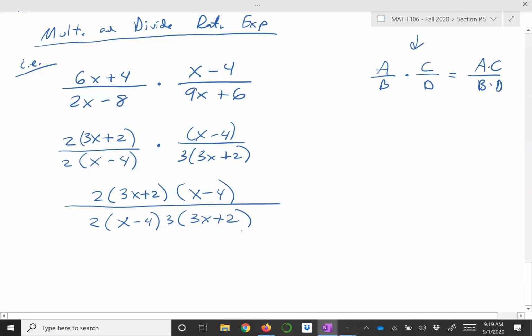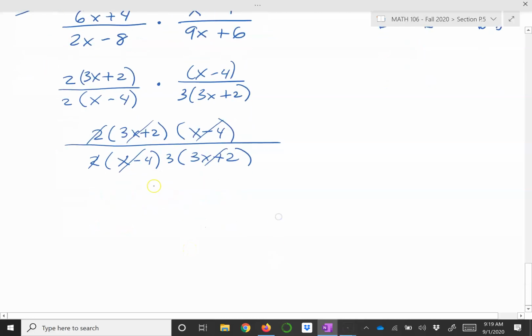Now, once you get to this point, now it's just reducing a single rational expression. So what can cancel out? The 2's, the x minus 4's, the 3x plus 2's, and what are we left with? 1 on the numerator, and then a 3 is snuck in right there. So we're left with 1/3.